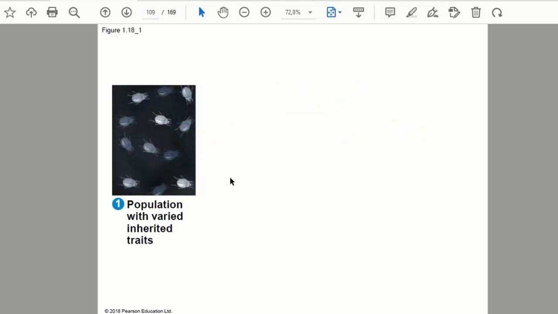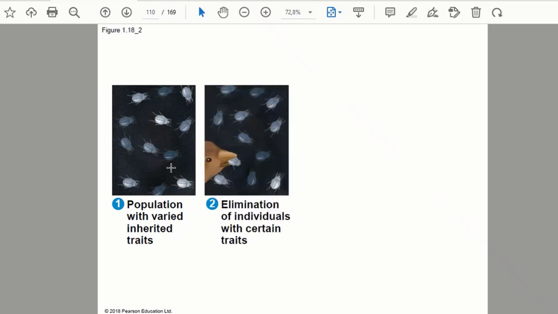Then population. If you check this little example here, you'll find there are more or less beetles, individuals in a population with varied inherited traits. You see some are light, some a little bit dark. Then you find that there's a predator.